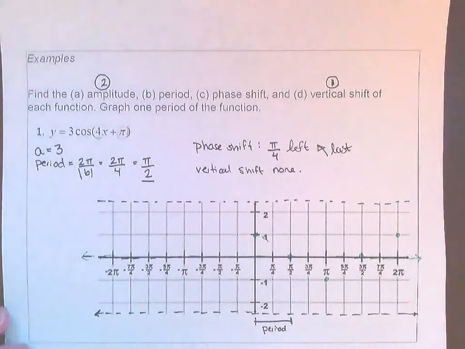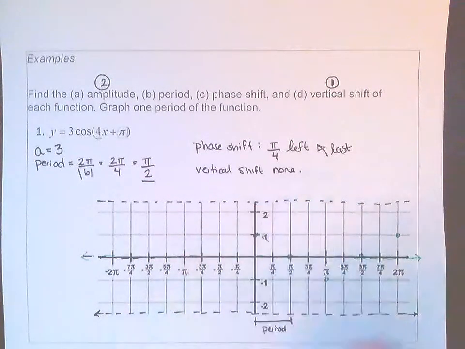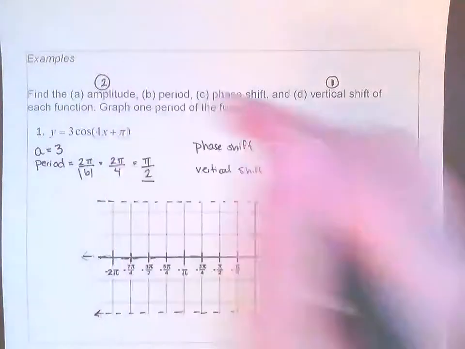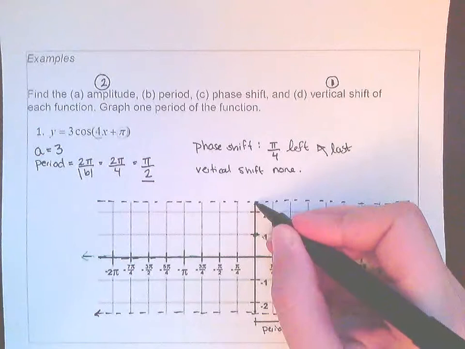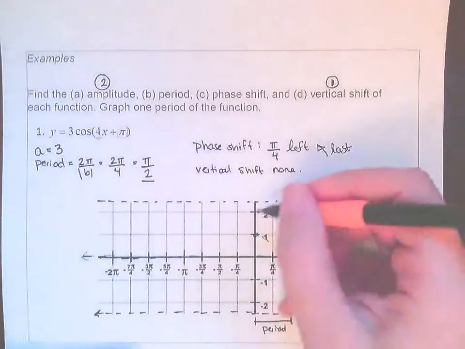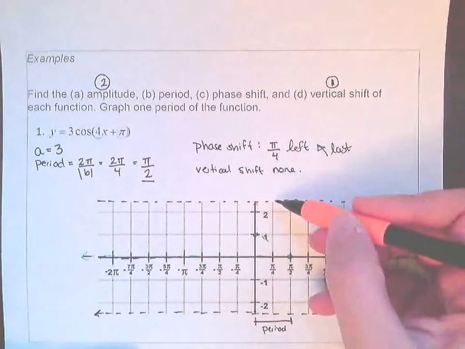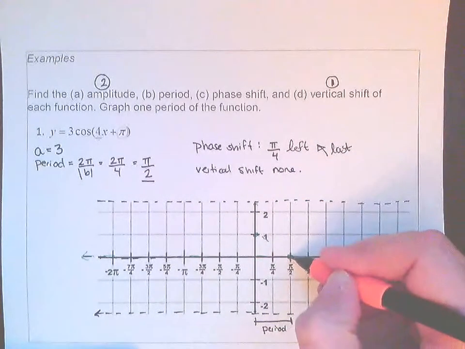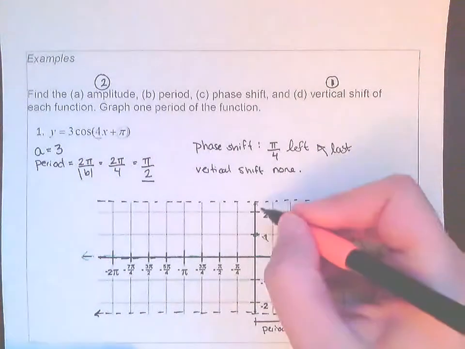So what that means is that the function in this graph is getting smushed down, because the original cosine function would have looked like this. Without the change in period, it would have started up here, and gone down through pi over 2 just like it always does.